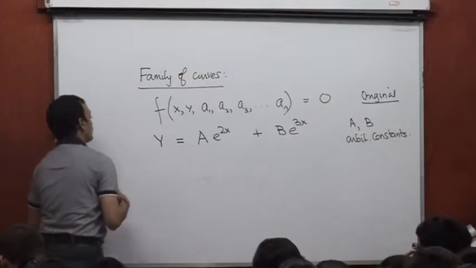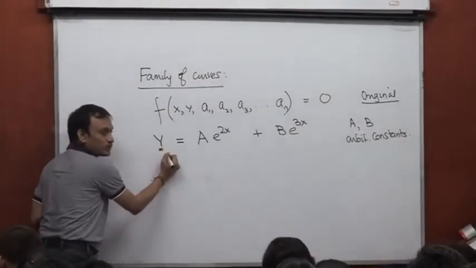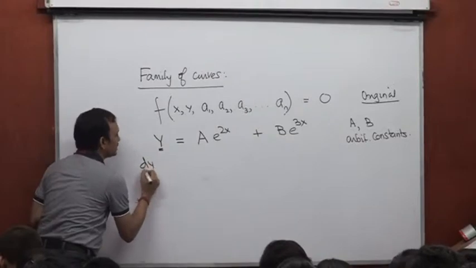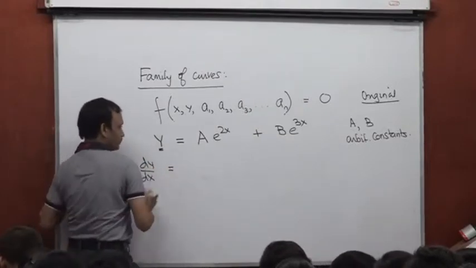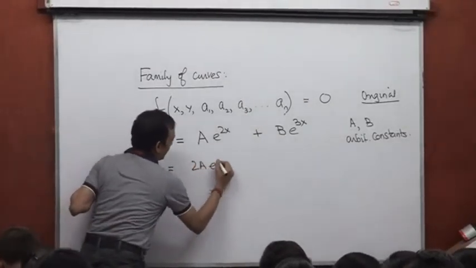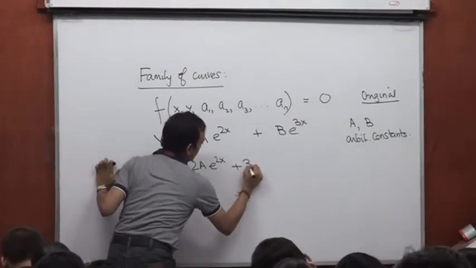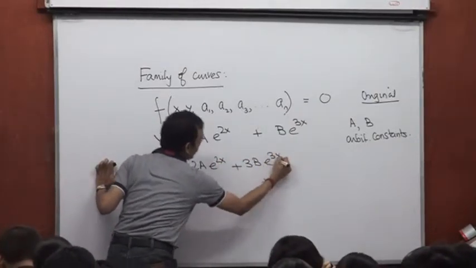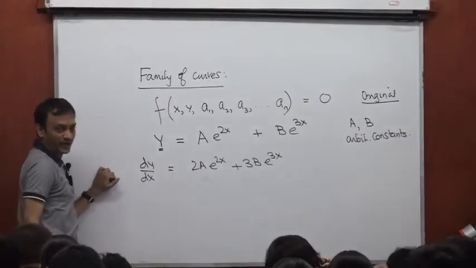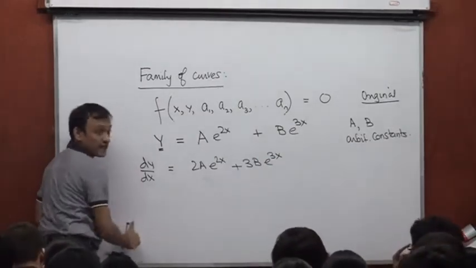Alright. Let me differentiate this with respect to x once. I get dy/dx equal to 2a e power 2x plus 3b e power 3x. When I differentiate once, this is what I get. Let me differentiate a second time.